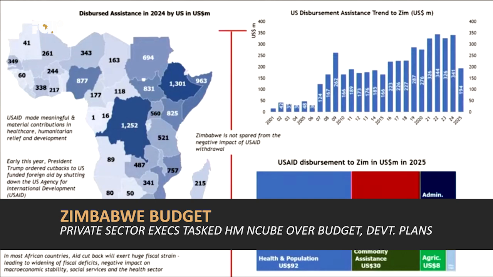Zimbabwe in 2024, I think we received roughly $340 million. I've given a trend analysis of the US aid, where most of it has been directed towards health, humanitarian, and maybe a government aspect.